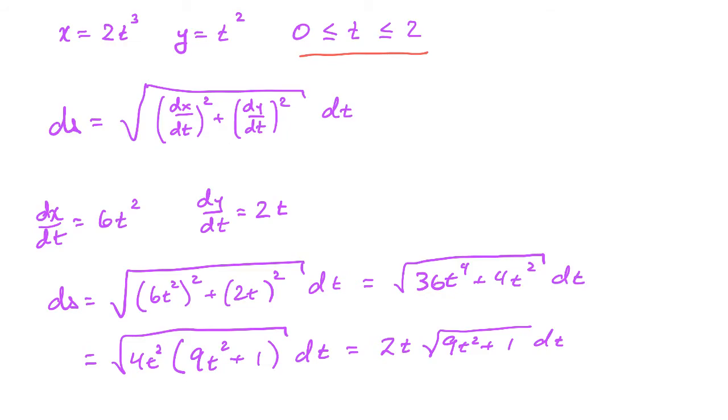Now let's take a look at what our integral will look like when we plug in these values. So our surface area will be given by the integral over our curve of 2 times pi times y ds. Well, in our case, our t is going to go from 0 up to 2.